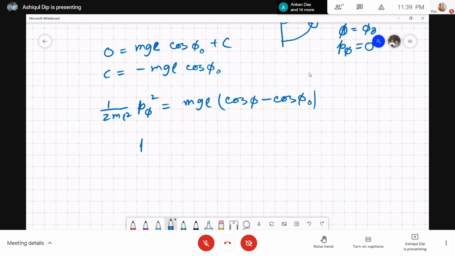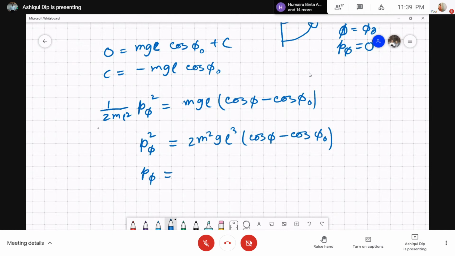So we get p phi squared equals m squared g l cubed times the bracket, right?